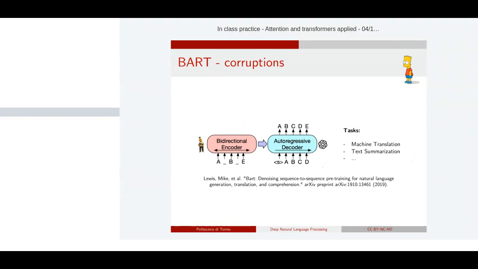Using these sequence-to-sequence models, we have an encoder and a decoder. The encoder is similar to BERT. The decoder is similar to GPT, the decoder model that we have seen in the previous slides. We can perform different sequence-to-sequence tasks, such as machine translation, from one language to another, or text summarization, for example summarizing a document to a shorter version that conveys the same information.